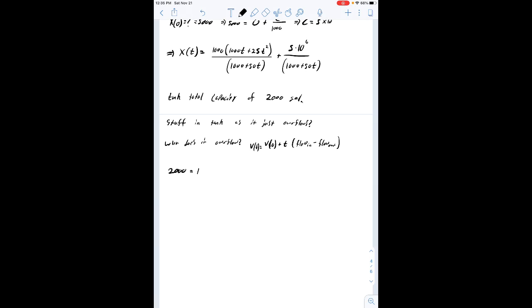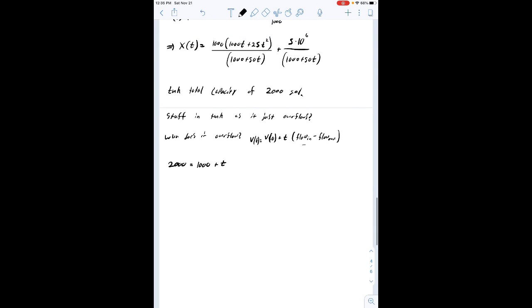We know that our initial amount of brine in the water is 100. And then we have time. We're trying to figure out our time. We know that our flow in minus our flow out is going to be 50. So then we can easily solve for time. This is going to be 1,000 divided by 50, which is equal to, what is that, 20?